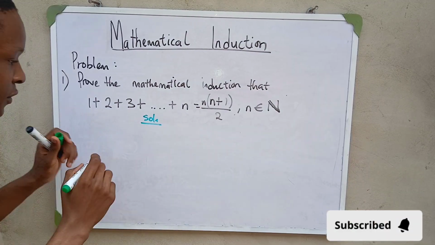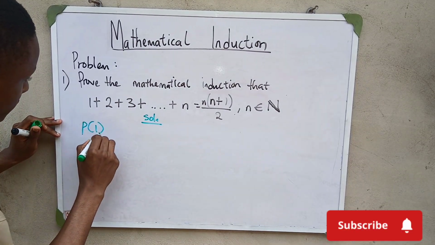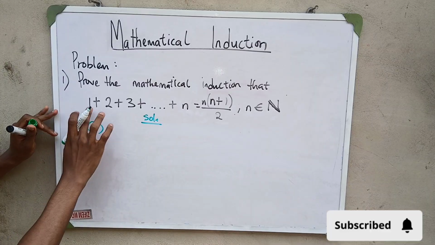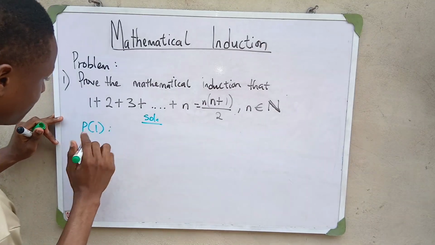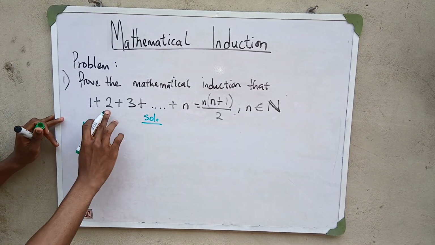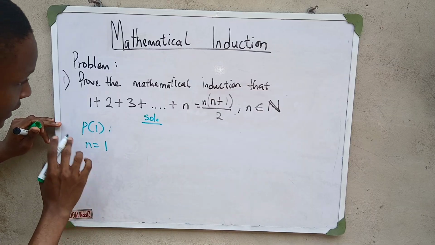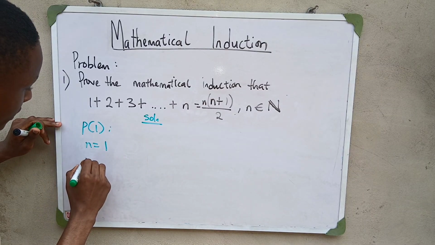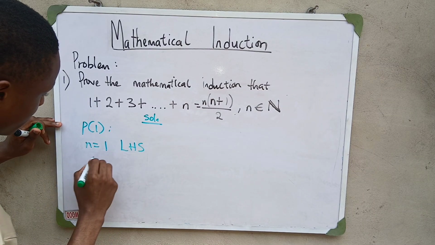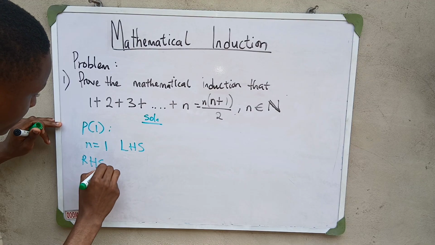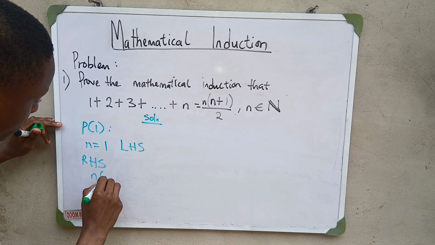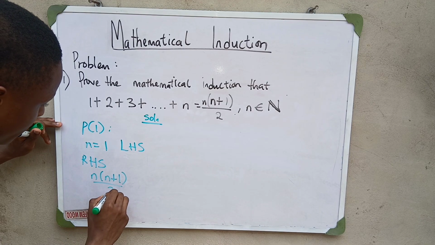We first have to test for P of 1. So first, we check for the left-hand side. So n is equal to 1 for the left-hand side. While for the right-hand side, we have n into n plus 1 over 2.